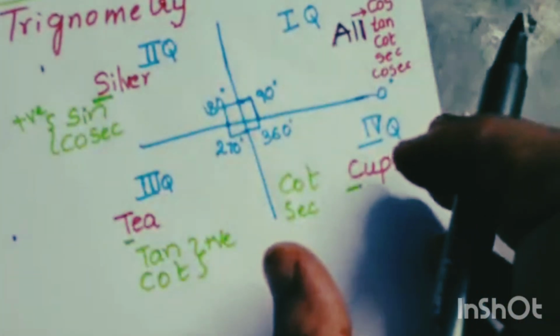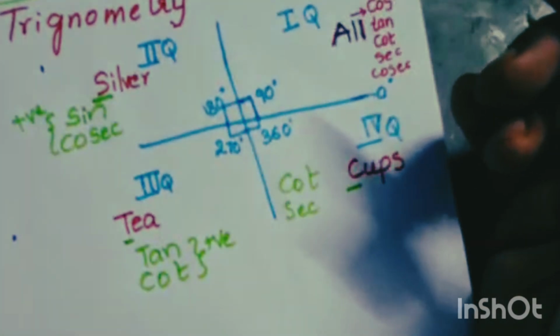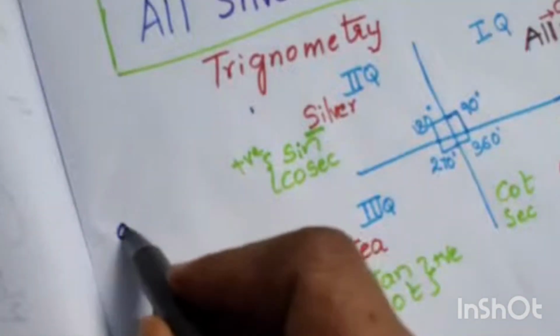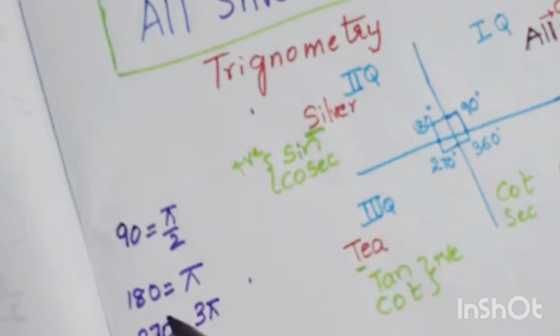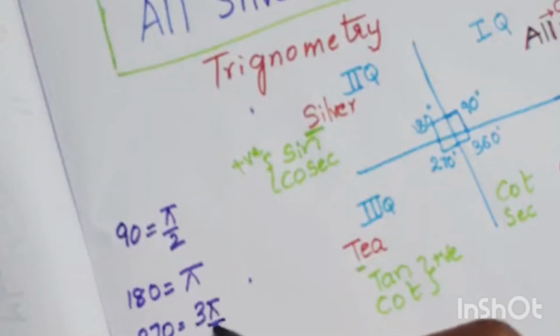Now which angles do we have to take as positive, and in which do we change the sign? See here, first of all, whenever we get 90 it means pi by 2, 180 means pi, 270 means 3 pi by 2, and 360 we get when 2 pi.